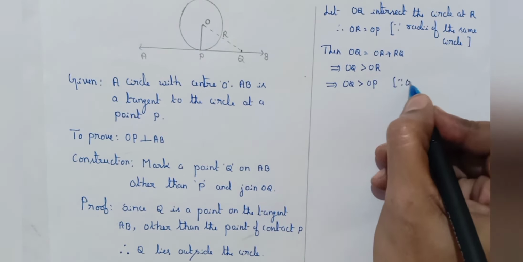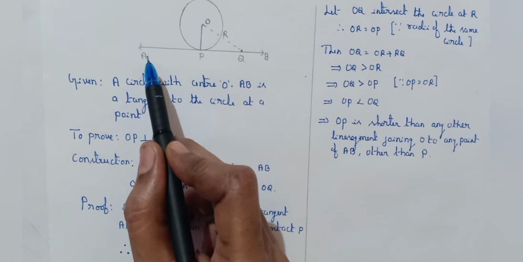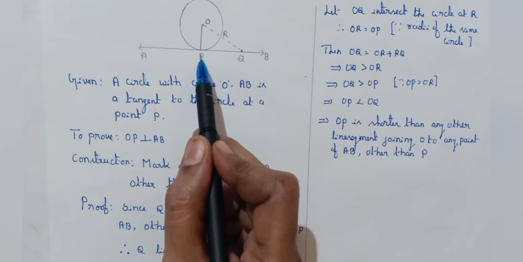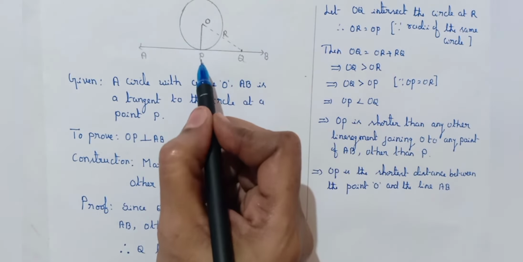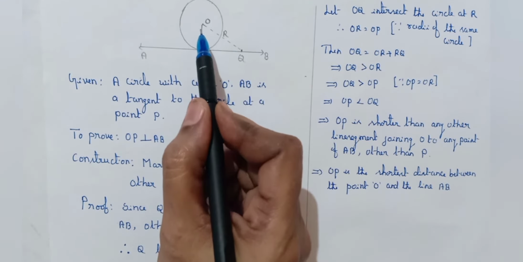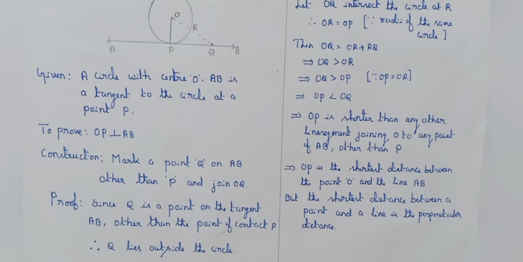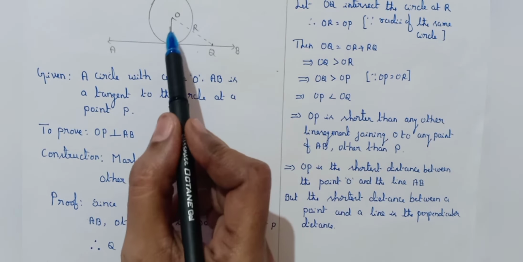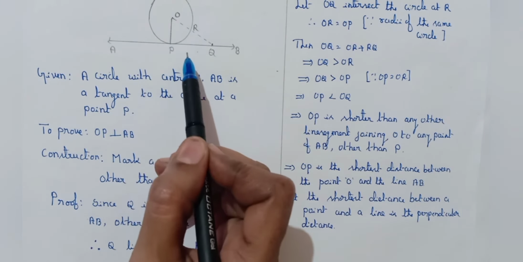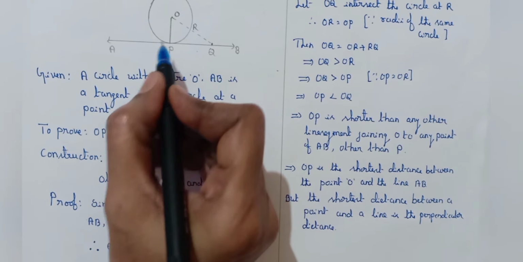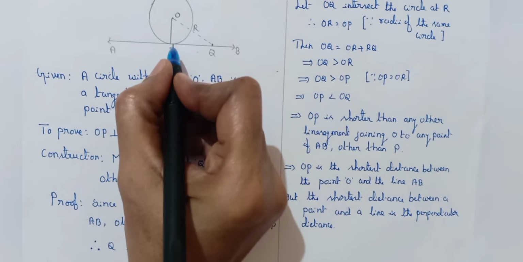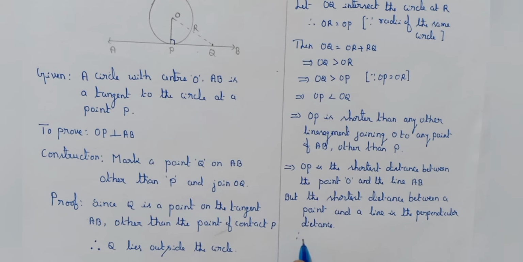If OQ is greater than OP, it means OP is shorter than any other line segment joining O to any point of AB other than P. It means OP is the shortest distance between O and the line AB. But you know, the shortest distance between a point and a line is the perpendicular distance. Therefore, OP is perpendicular to AB.